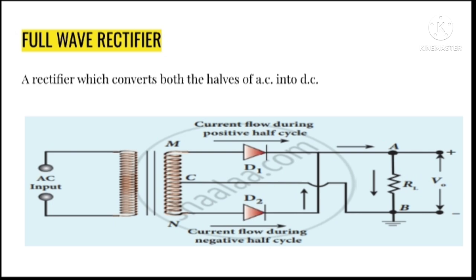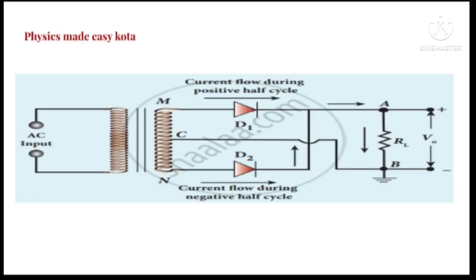Then you can observe which diode is forward biased and which diode behaves as reverse biased. Yes, in this case, the diode D1 acts as forward biased and the diode D2 is reverse biased. So the current due to the diode D1 flows through the circuit in the direction shown by the given arrow, and we get the output across the load resistance.